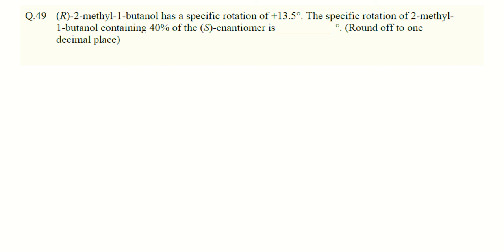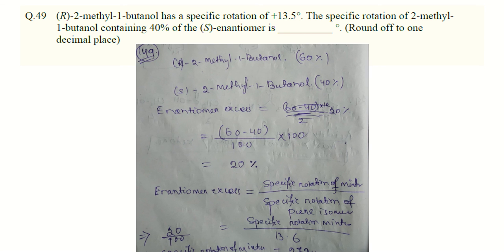So how can you calculate the enantiomeric excess? Enantiomeric excess can be calculated by the formula: the difference of the two product yields divided by 100, times 100. Hence the enantiomeric excess is 20%.